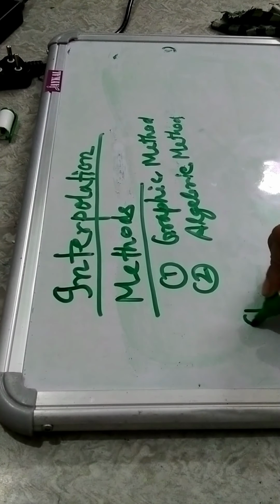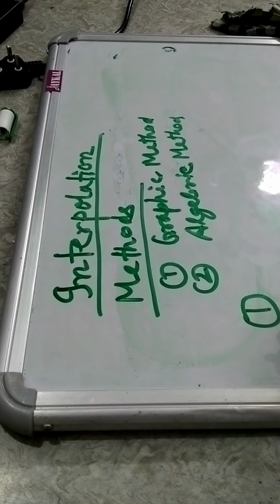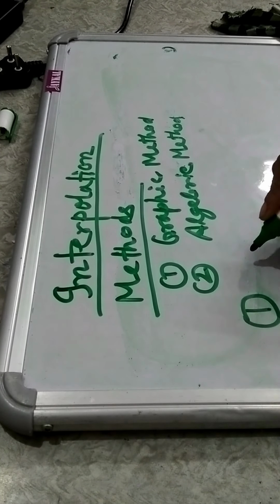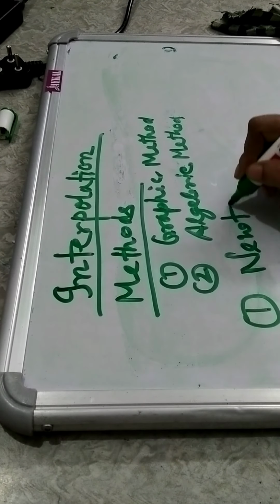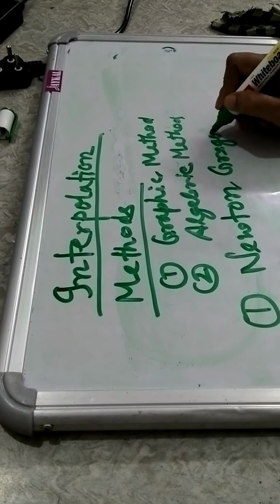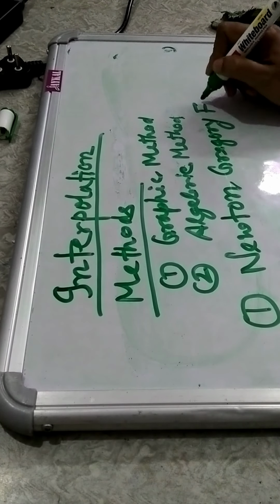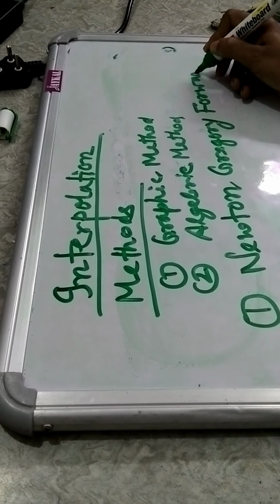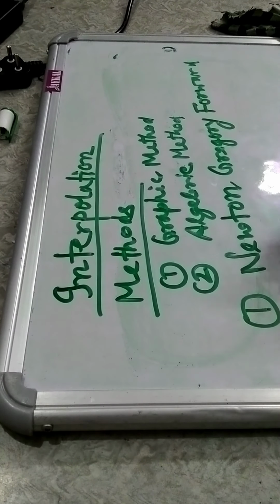The first algebraic formula is Newton-Gregory's forward interpolation formula.